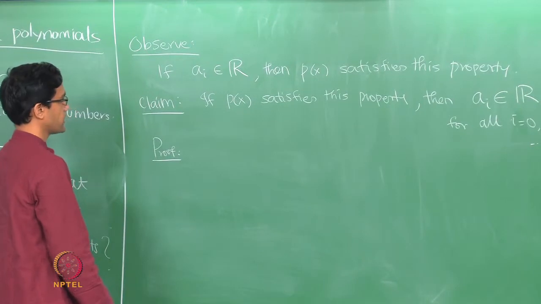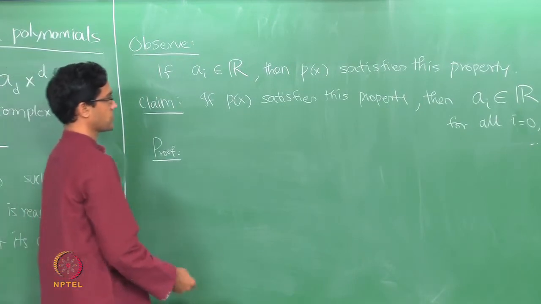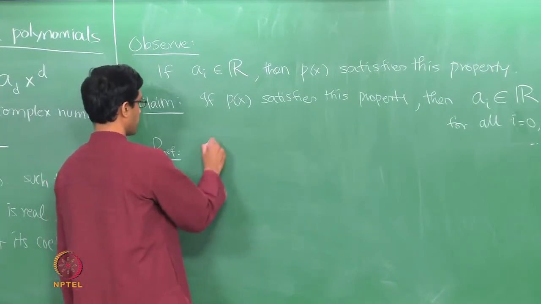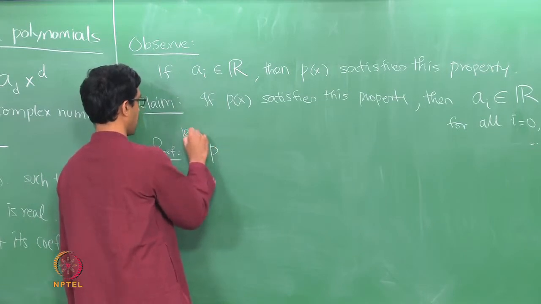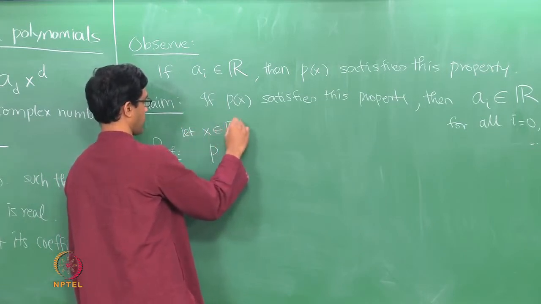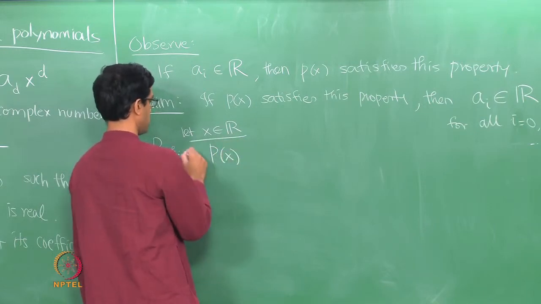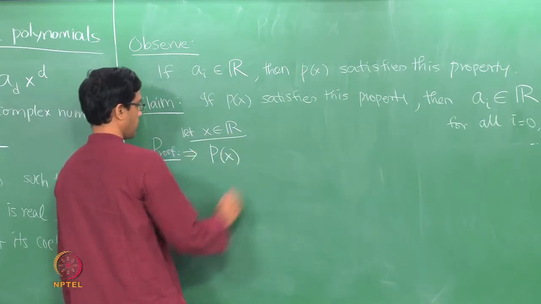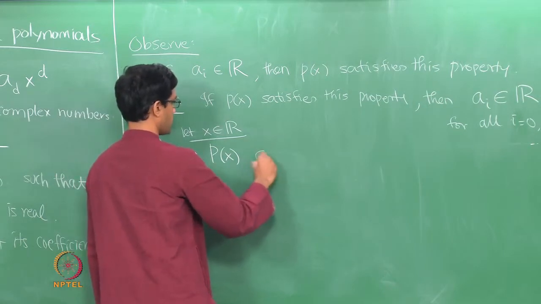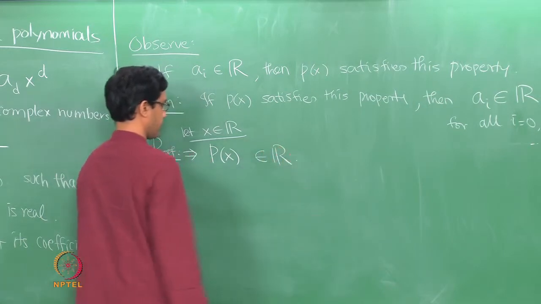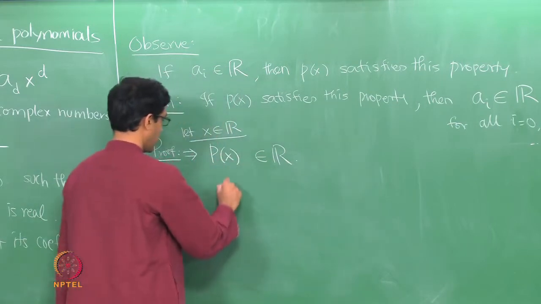So what does it mean to say that p of x is a real number whenever x is a real number? Let x be a real number, then we are given that p of x is a real number.